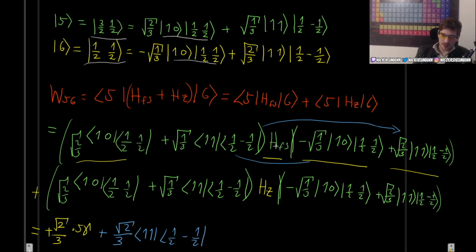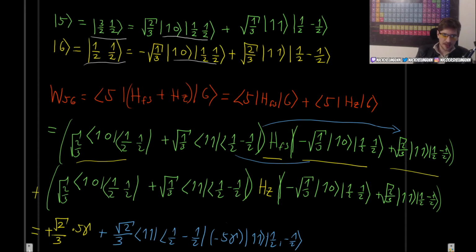Then we have the Hamiltonian for the fine structure acting on a state which has a J of 1 half, which means it's minus 5 gamma. And then 1, 1, 1 half, minus 1 half.